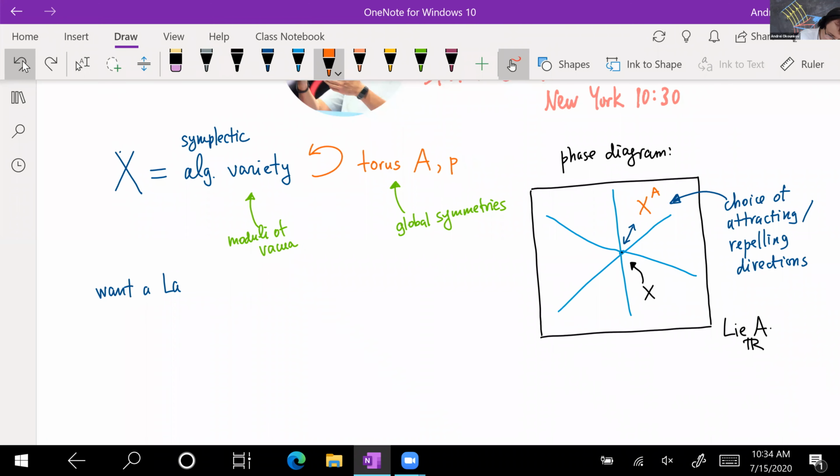And so what we would like to have is the first and the second cohomology of this, tensor some line bundle L. We would like this to be 0 for i equal 0 and 1.